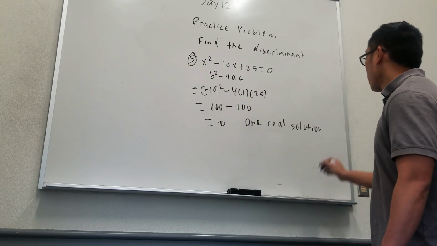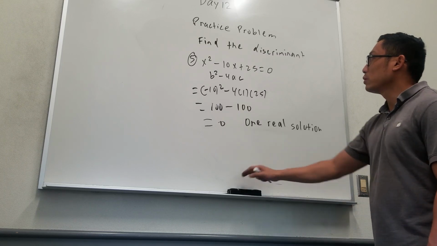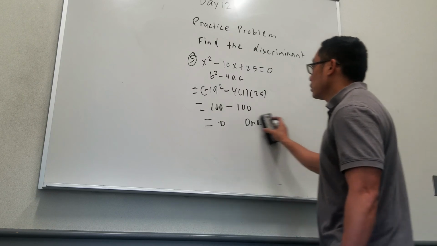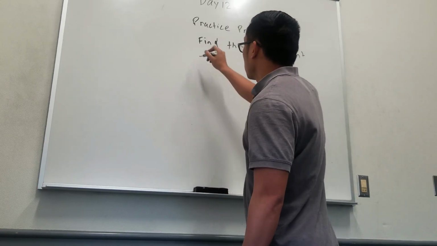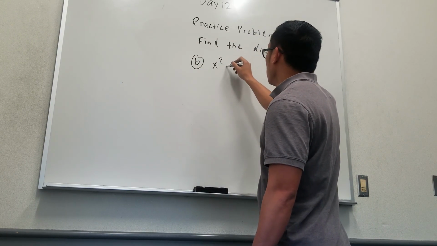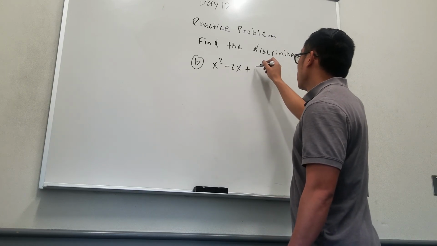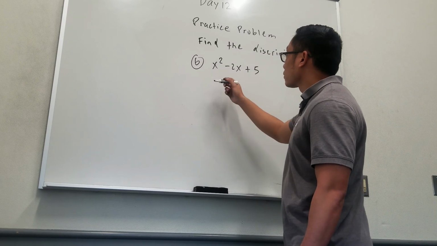Okay, so there you go. Now, this is another one. This is the last one. Number 6. You have x squared minus 2x plus 5.